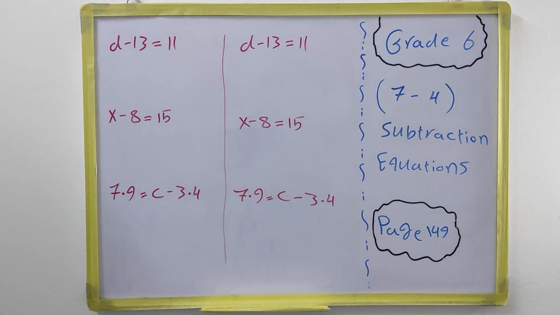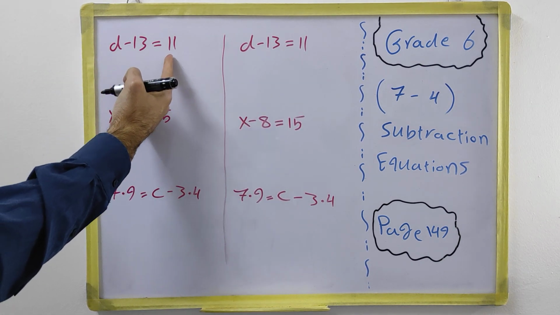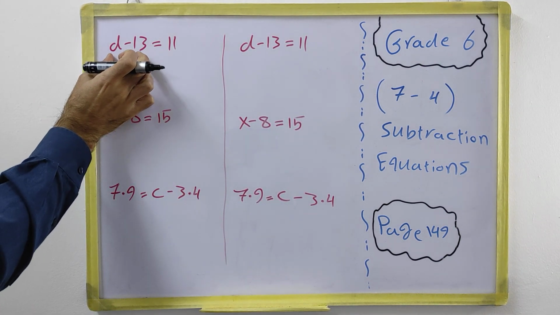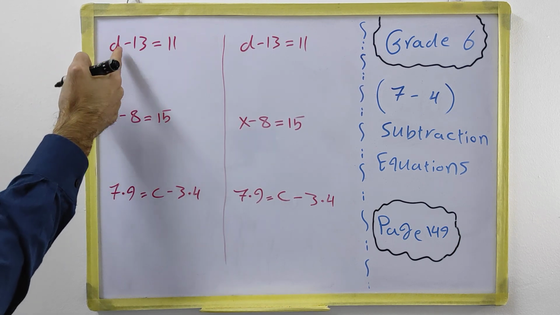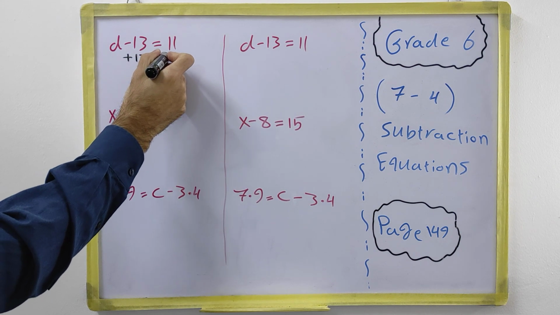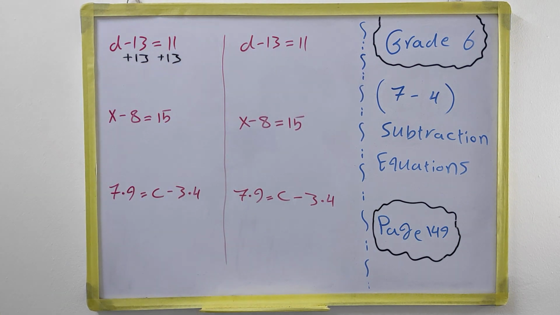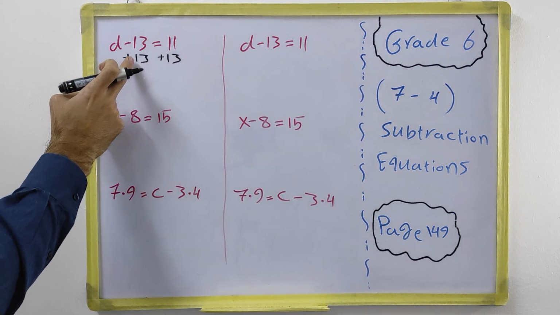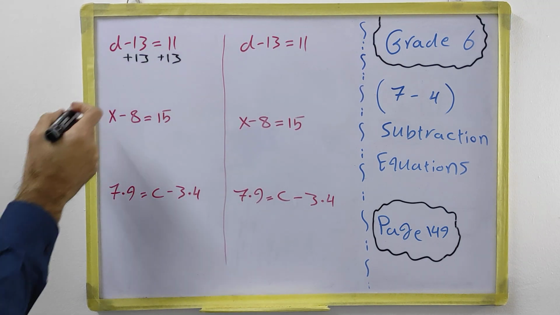In the first way, for the first one, we have d minus 13 equals 11. What we have with the unknown value, with the variable, is minus 13, so we will put plus 13 on both sides. Minus 13 plus 13 would be 0.